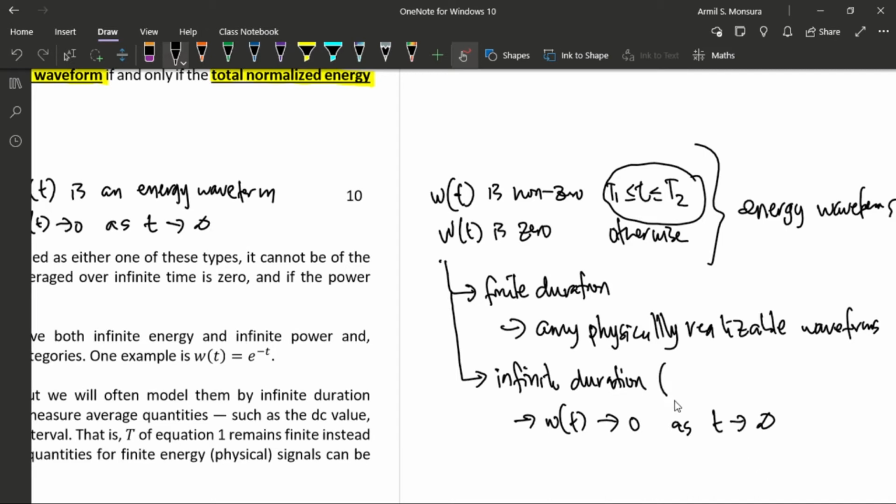So probably this definition would apply for the model waveform, or the mathematical model of your waveform.